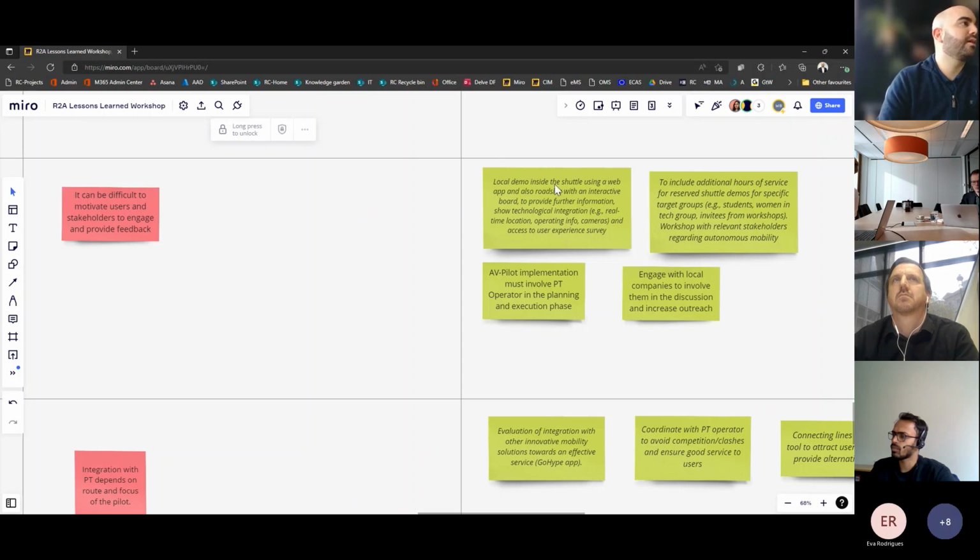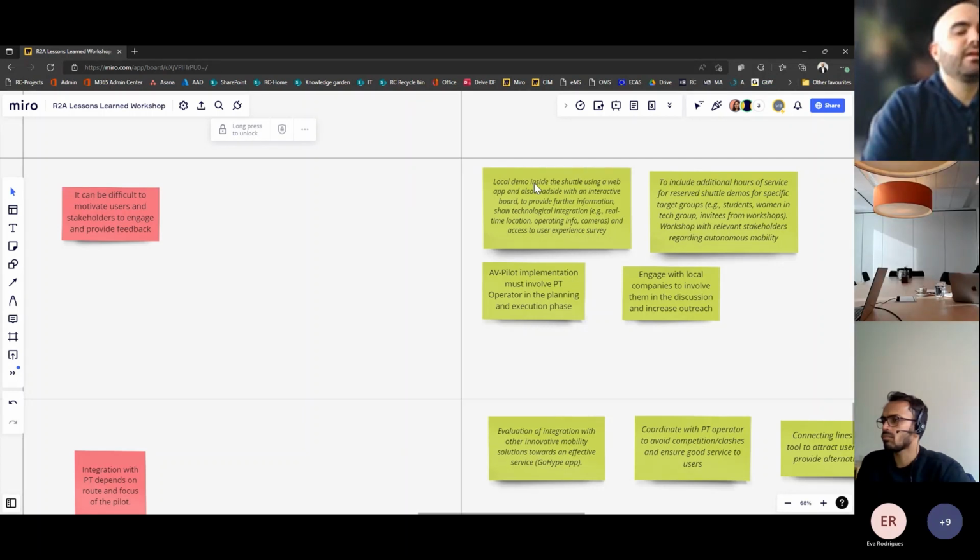So I think this was the case of Aveiro, for example, with that mobile app that they had, and the board roadside, where people could already see an image of the vehicle, where it was, and some additional information, and already have access to the survey. So this type of thing to really push as much engagement as possible.